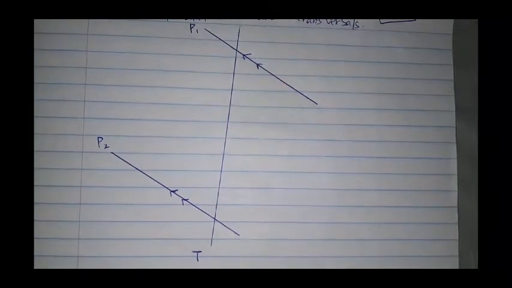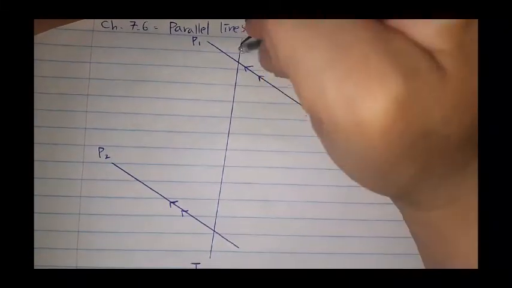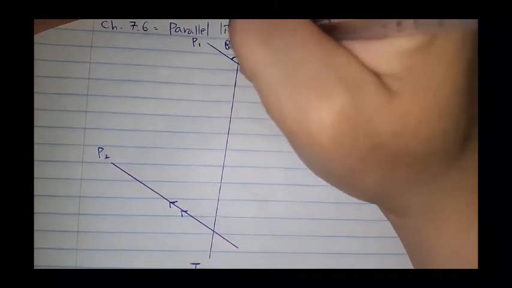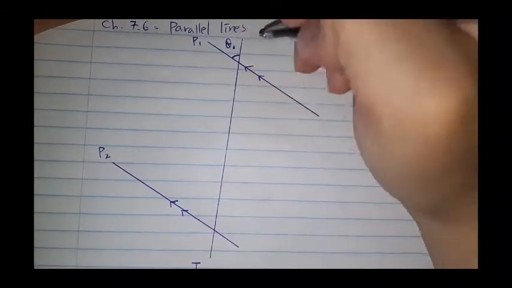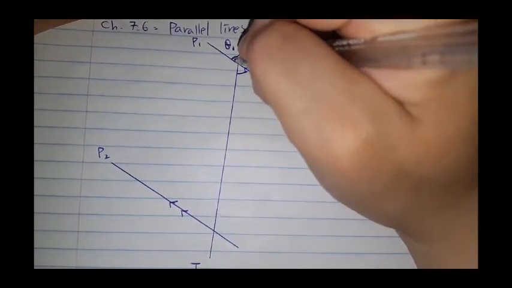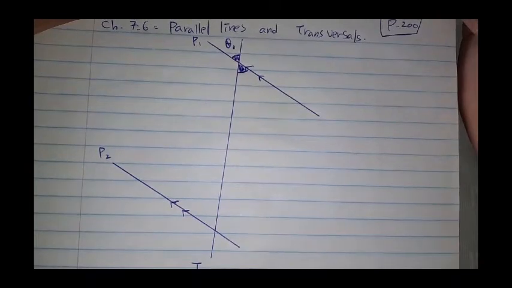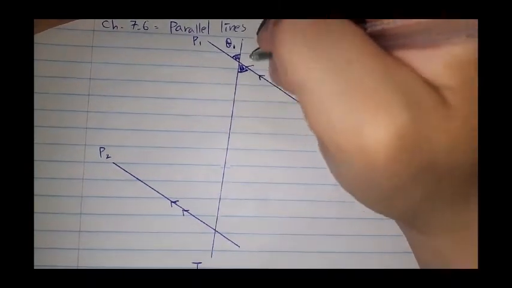Because P1 and P2 are parallel, can you see that I'm creating arrows on the lines? That's the notation that we use as mathematicians. And when it comes to the transversal, now you have basically theta 1, theta 2, 3, 4. I'm gonna add them, but as you may notice, we can start creating opposite angles that are identical.